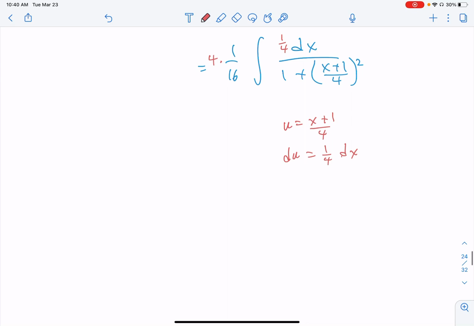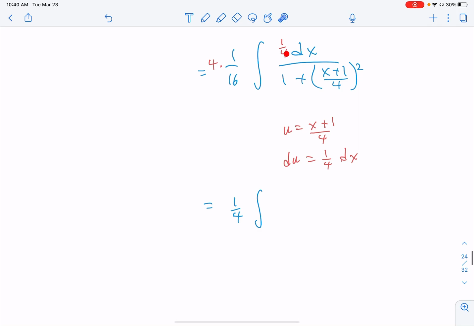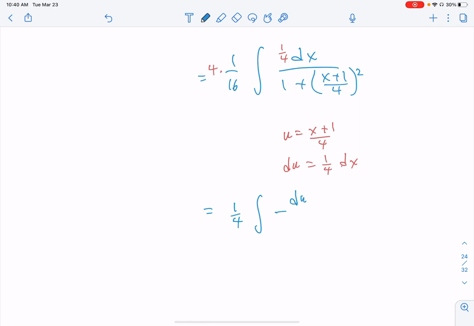As a matter of fact, I'm going to rewrite it in terms of some u's to make it more plain. The 4 times the 1/16 makes 1/4 on the outside of this integral. 1/4 dx becomes our du, and 1 sticks around, plus this x plus 1 over 4 squared becomes u squared.